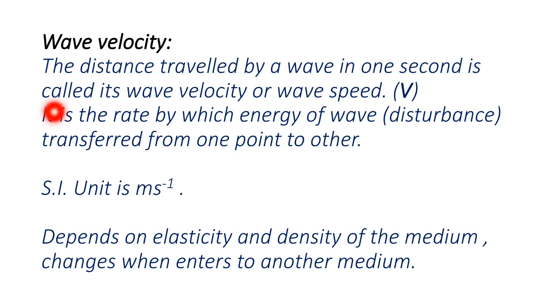It is the rate at which the energy of the wave, that is the disturbance, is transferred from one point to another. We know that when a wave is propagating, it carries energy in the form of disturbance. The rate at which this energy is transferred from one place to another is given by the wave velocity, and the unit is meter per second.